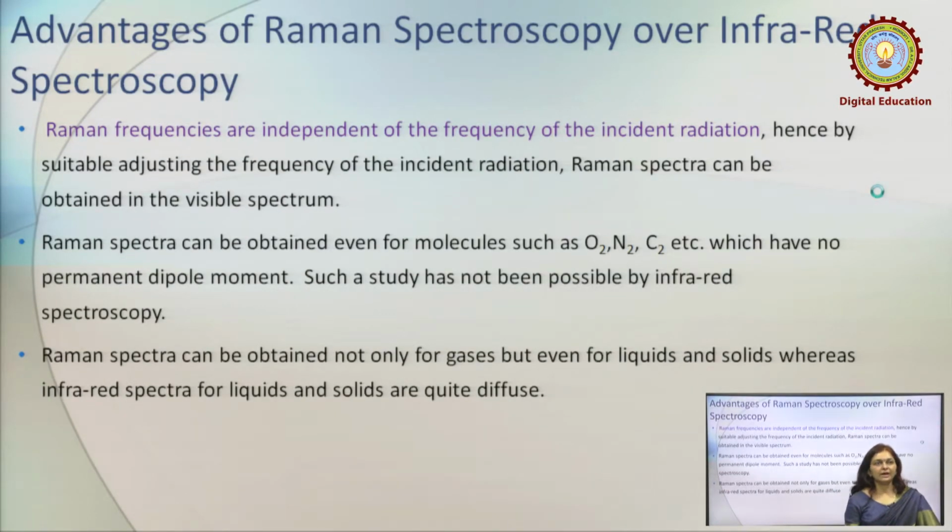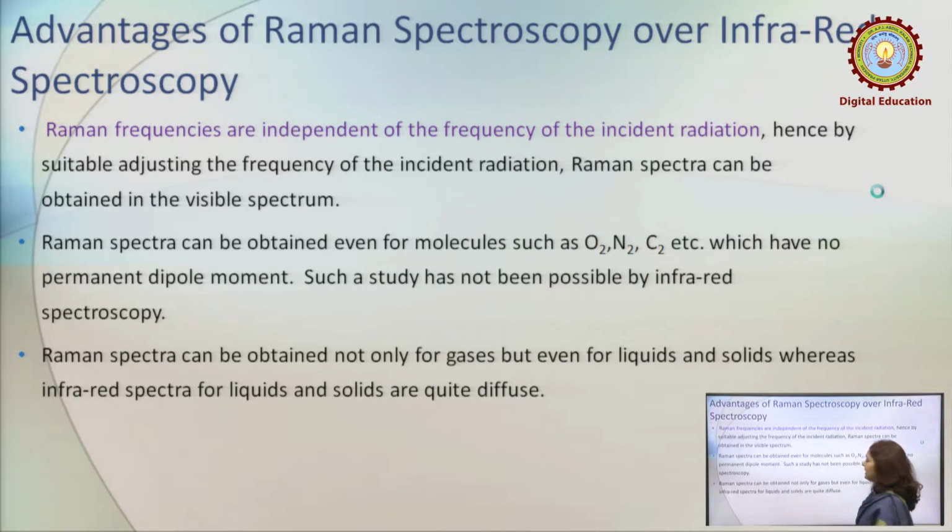Now, come to the advantages of Raman spectroscopy over IR spectroscopy. Raman spectra are independent of the frequency of the incident radiation, and this is the most important part. Hence, by suitably adjusting the frequency of the incident radiation, Raman spectra can be obtained in the visible spectrum.